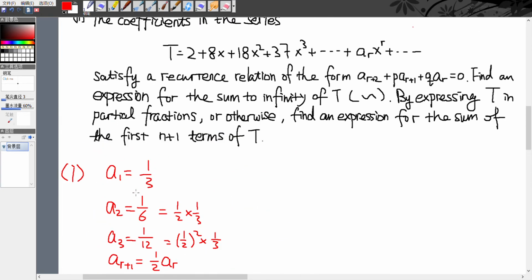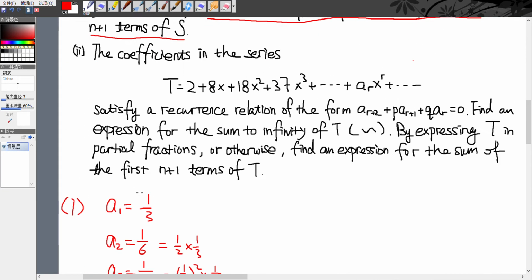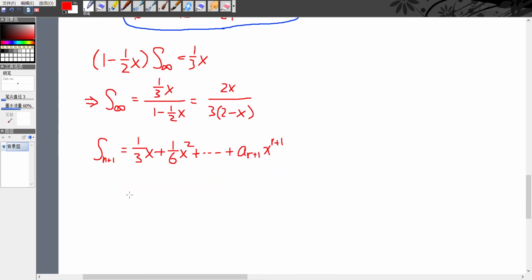So you need to recognize that it is actually a geometric progression. So this is equal to 1 over 3x plus 1 over 3x times 1 over 2x plus 1 over 3x times 1 over 2x squared plus all the way.